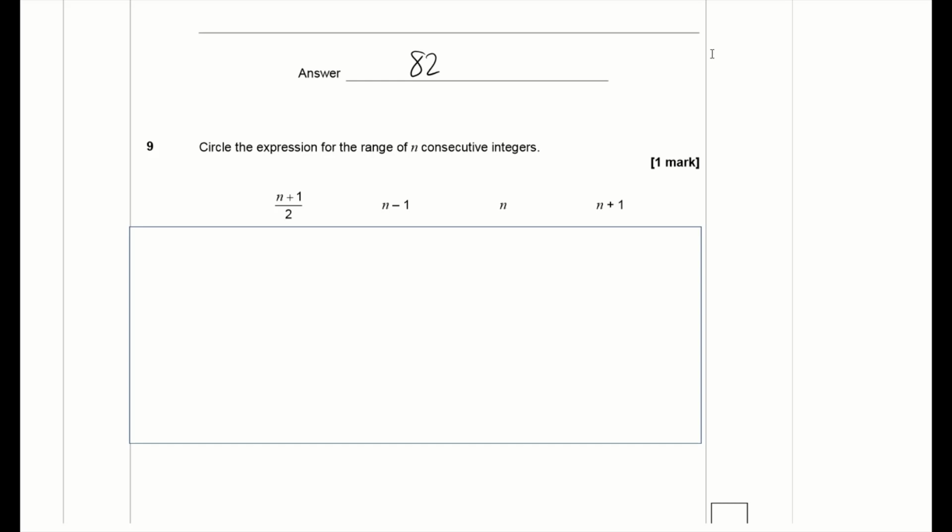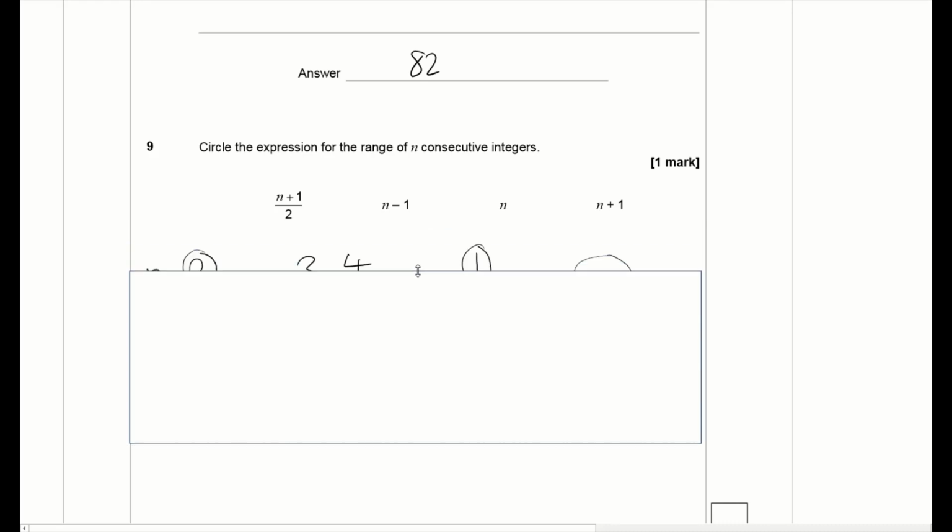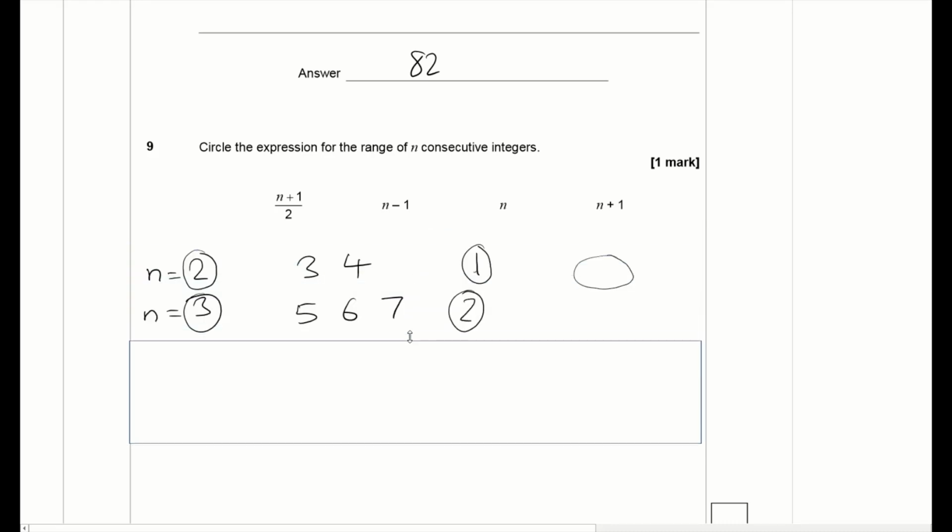With these problems, they're often questions that you've not necessarily considered, so it's often worth investigating to check what kind of pattern emerges when you check what the range of n consecutive integers actually are. So if we look at n equals 2, and of course that does mean the number of integers, not the number 2, for instance 3 and 4, that's 2 consecutive integers, their range is just 1. 4 minus 3 is 1.